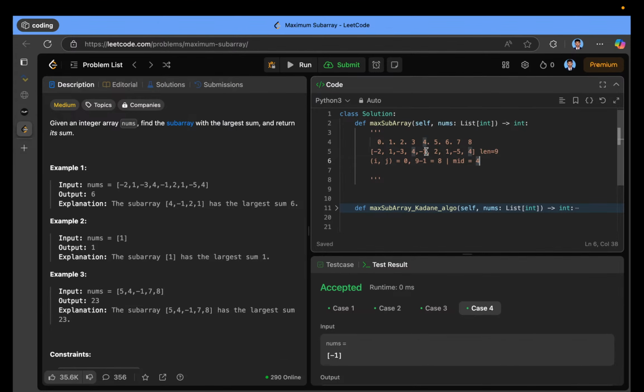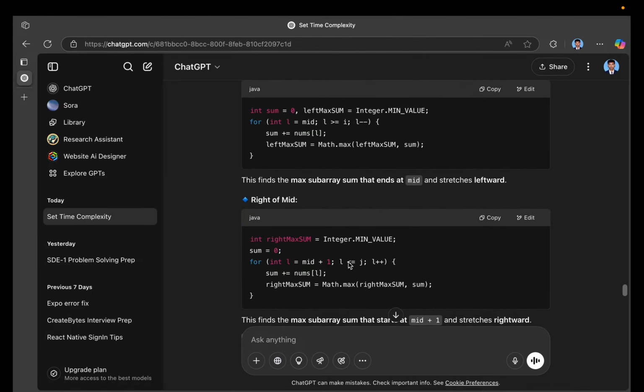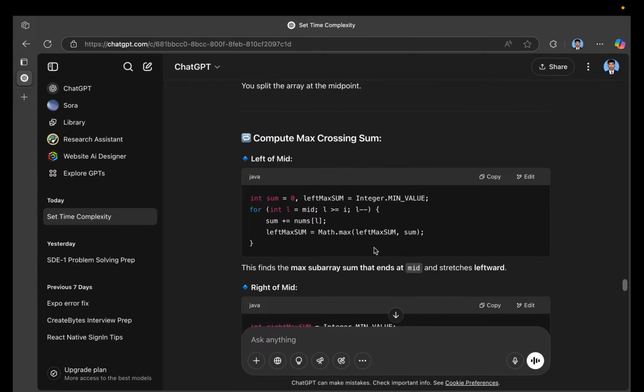So it means they are just taking the sum of this whole place. What I am understanding: sum plus equals nums[L], and left max sum is equal to Math.max.